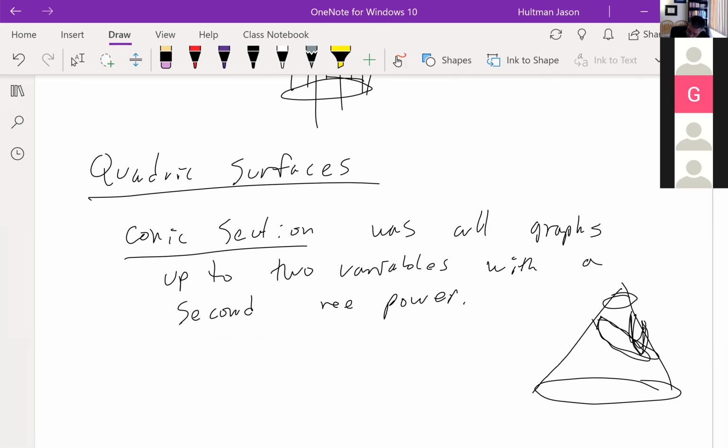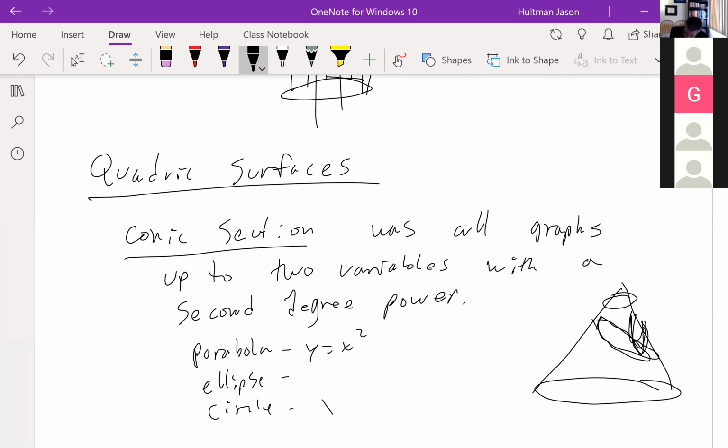You get this second degree parabola, y equals x squared. We could get a circle, x squared plus y squared equals 1. An ellipse would be like x squared over 4 plus y squared over 9 is equal to 1.